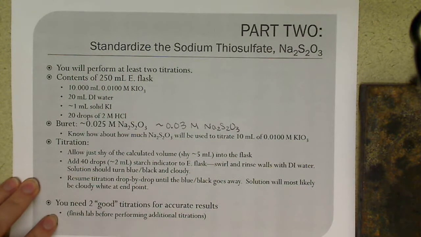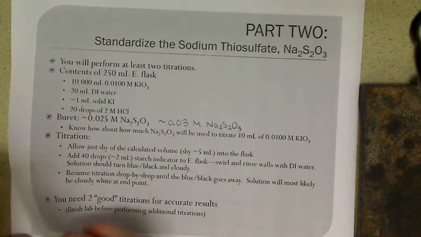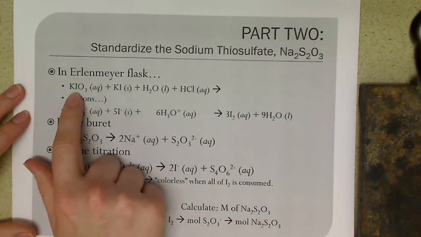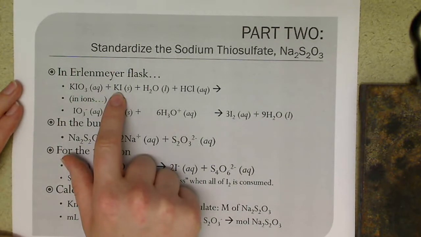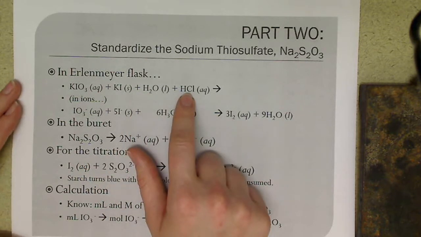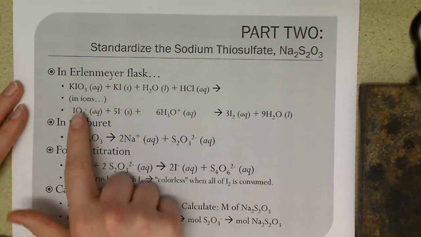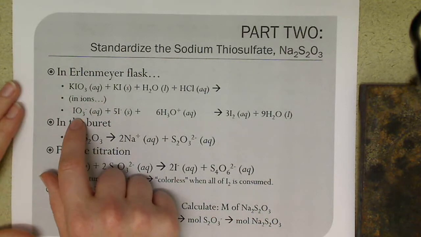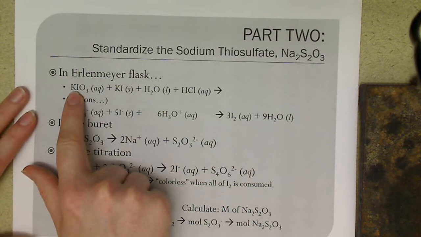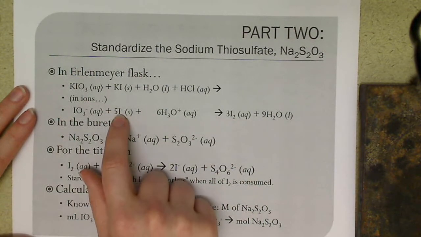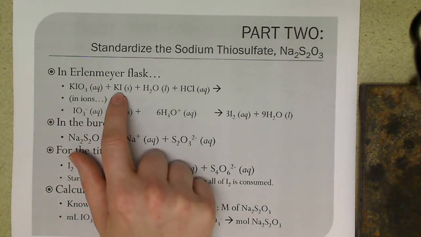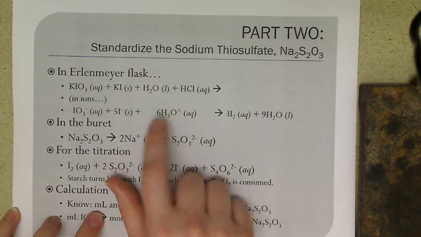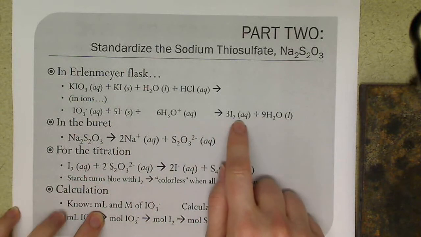Now let's talk about the chemistry of what's happening for part 2. In the Erlenmeyer flask, you've added potassium iodate, potassium iodide, some water, and some acid. In terms of the ions, in terms of the chemistry that's happening, it's the iodate ion from potassium iodate that's interacting with the iodide ion from potassium iodide. The acid is here to provide a balanced redox equation.